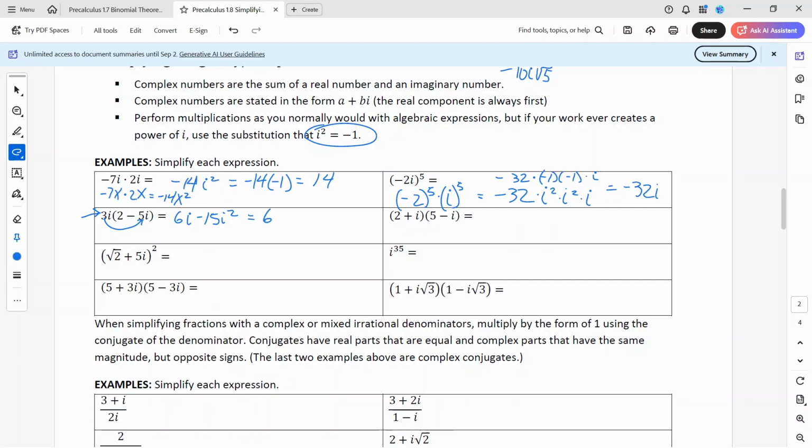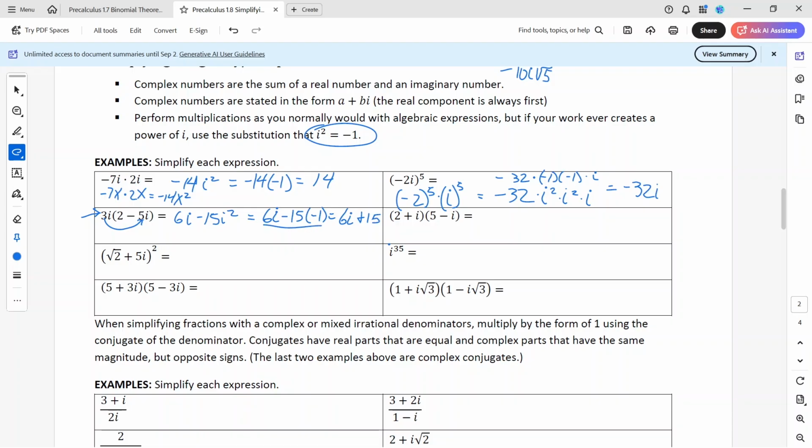So we now call this 6i. And a lot of you know this trick from Algebra 2. A lot of you would realize that that's simply going to be a sign switch. I'll show all the steps this time. That's negative 15 times negative 1, which then becomes 6i plus 15. And a lot of you would recognize that we could have skipped this rewriting here.